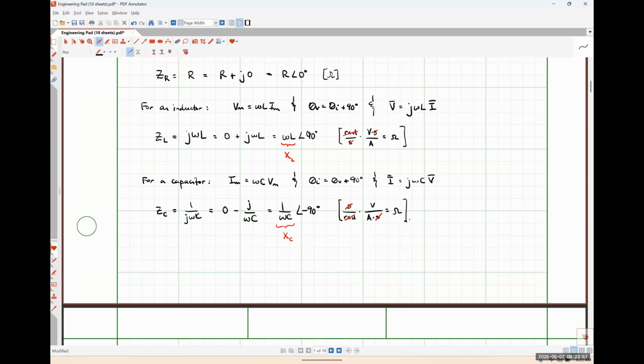Now, if we look at the impedance of a capacitor, we can see that it is inversely proportional to frequency. So when our frequency is very low, we essentially have 1/0, which looks like infinity or an open circuit, which exactly agrees with what we learned when we first dealt with capacitors. At very high frequencies, our capacitors start to look like short circuits.